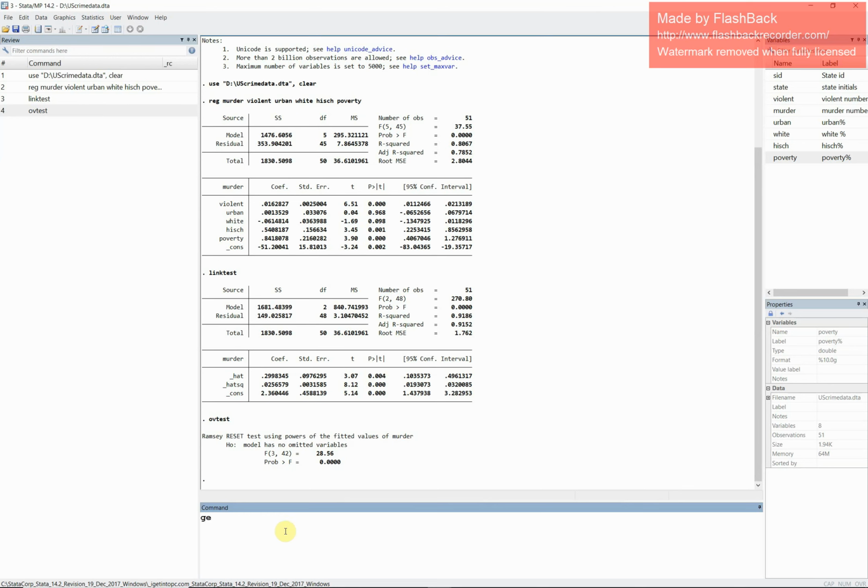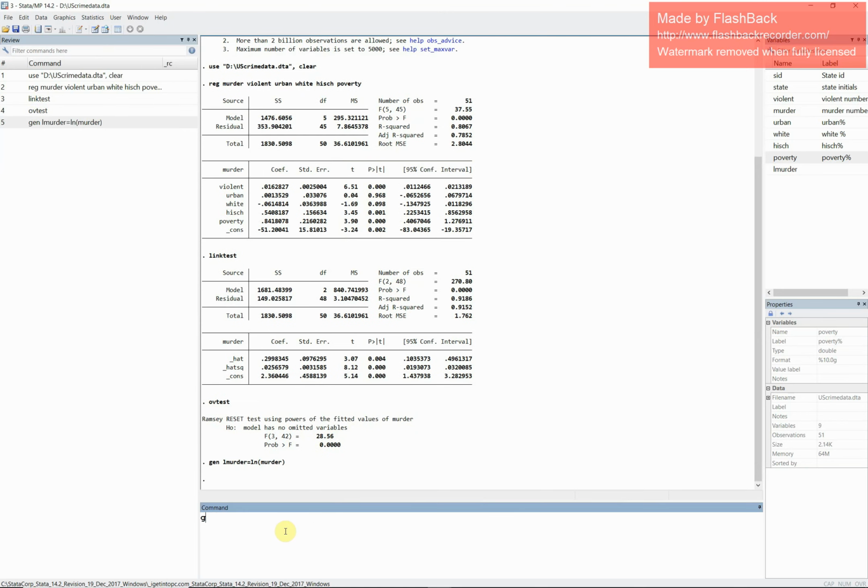So we generate new variables, that is, log murder equal to log of murder. And similarly, let's generate log violent.